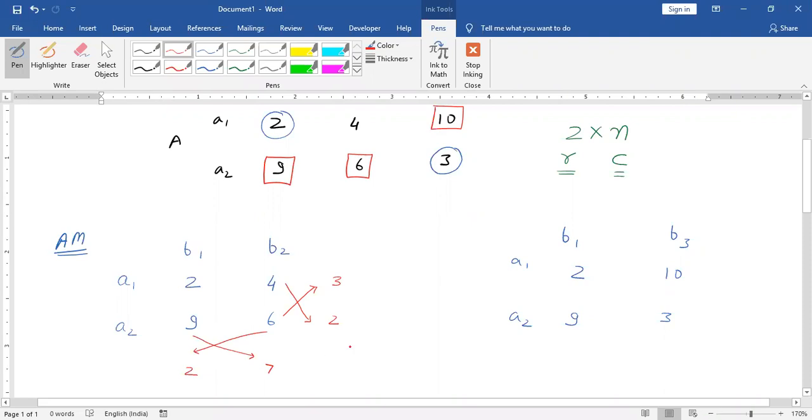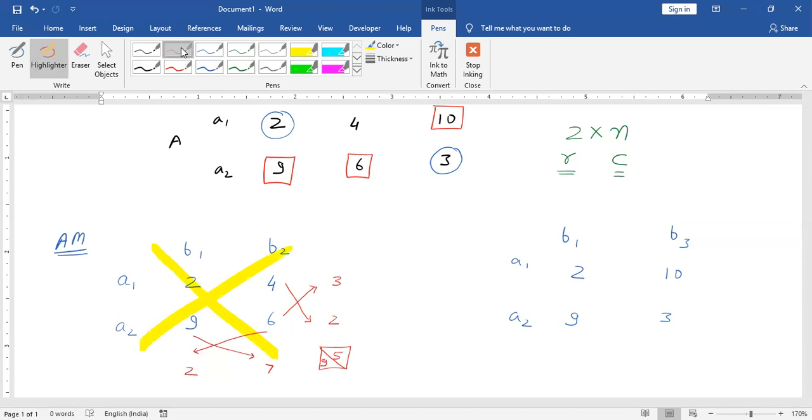The total of differences is not the same, so we are not going to consider this combination.